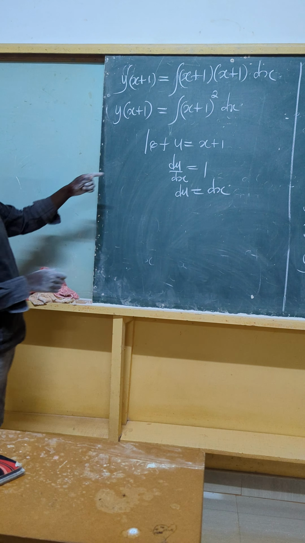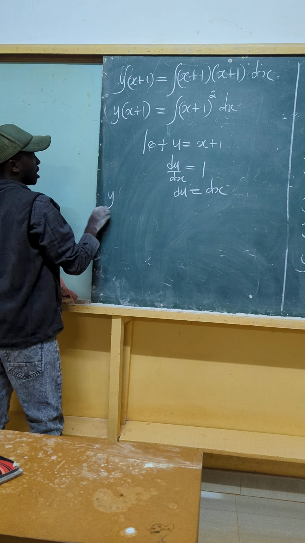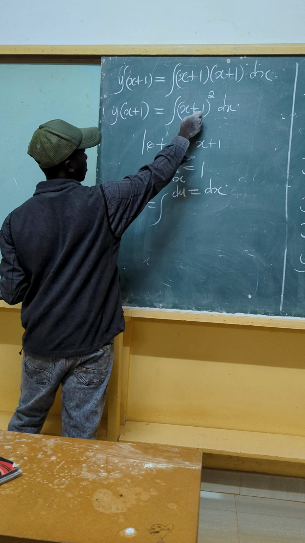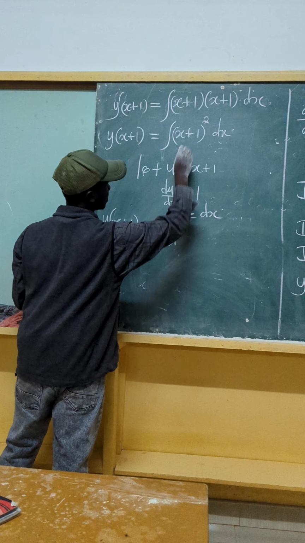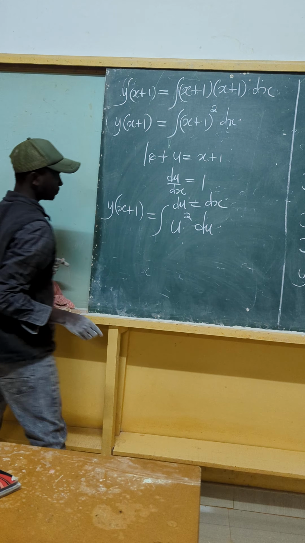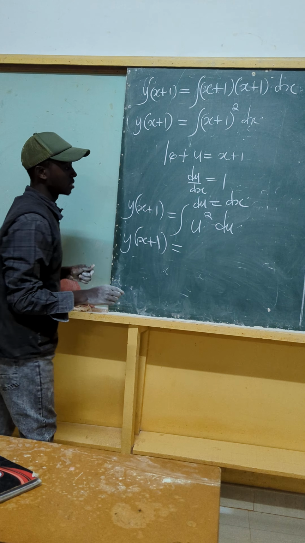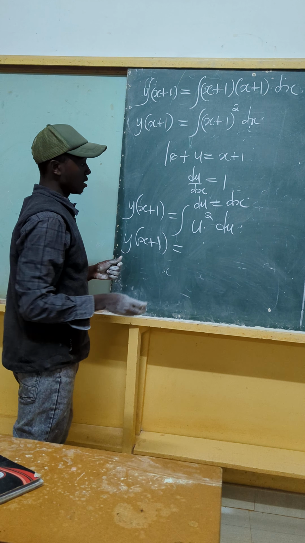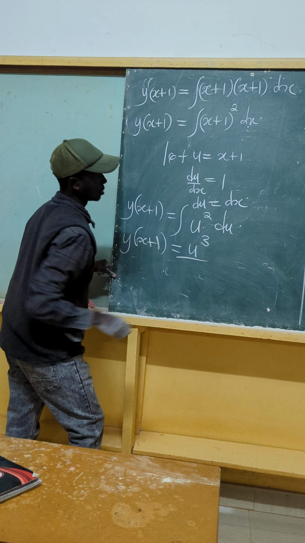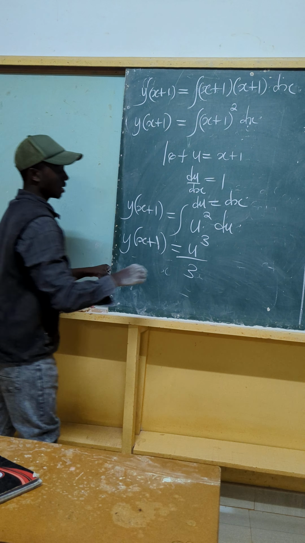Now we substitute: y(x plus 1) equals the integral where there is x plus 1, you substitute u, with the 2 as the power, then where there is dx, we substitute du. When we integrate this, we have u to the power 3 over 3, plus c.